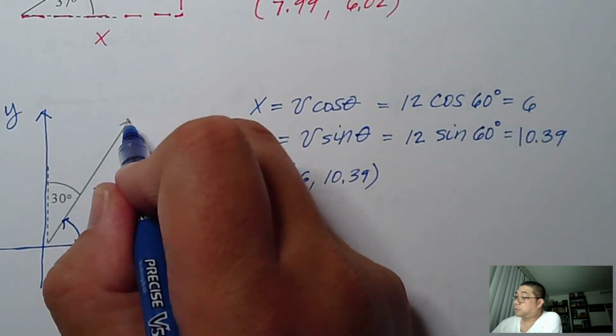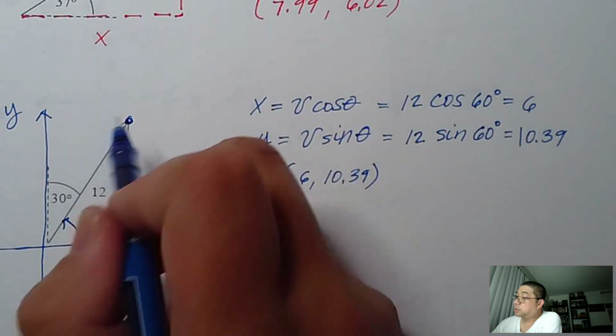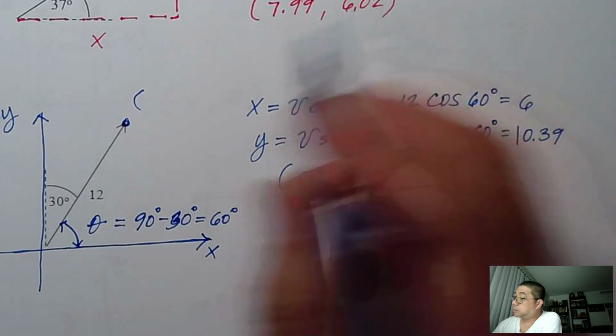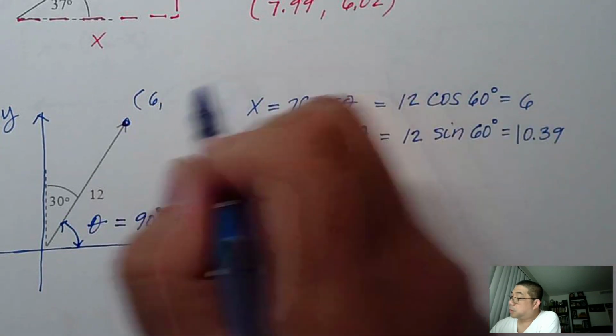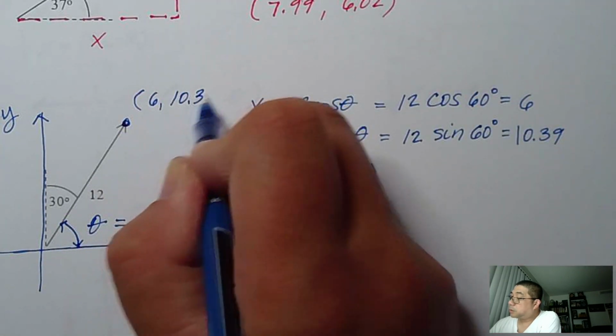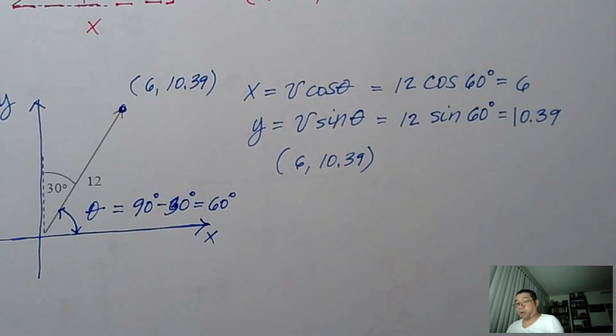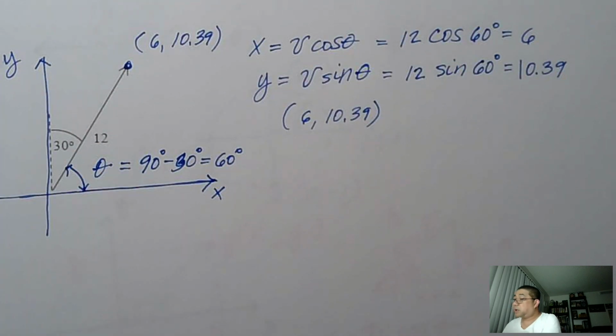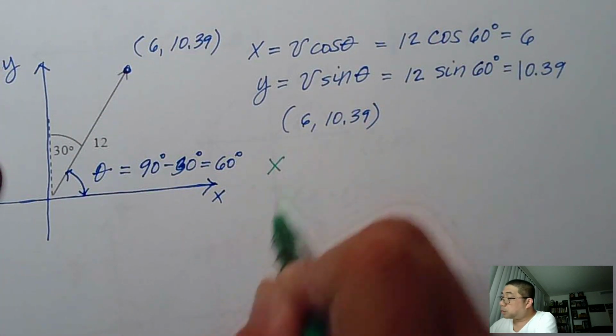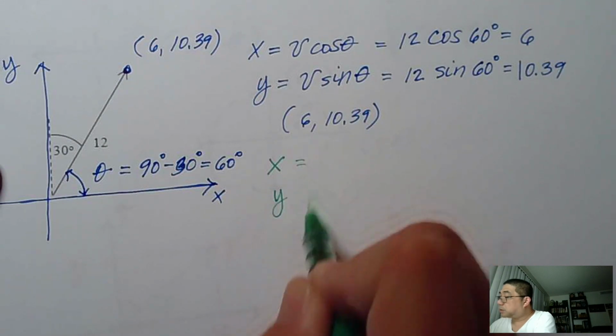So if you wanted to figure out the component of the dot, 10.39. There you go. Now there's another way on how to solve this. Since it is measured along the y-axis, we can just flip something here.